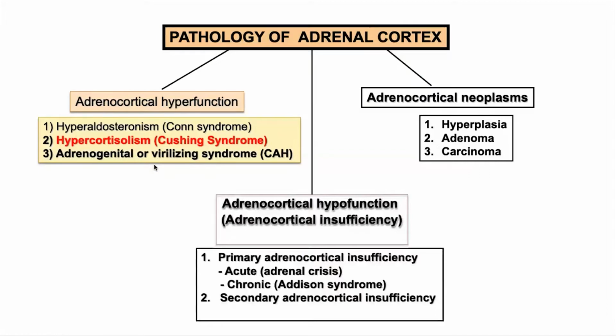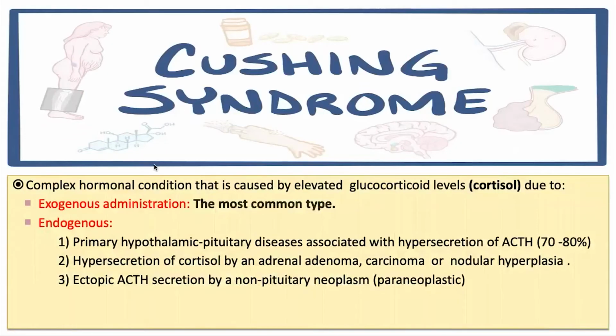Cushing syndrome is a complex hormonal condition caused by elevated glucocorticoid or cortisol level, due to exogenous administration. The most common type, meaning from outside, where we get the cortisol from outside, especially in those taking steroids.